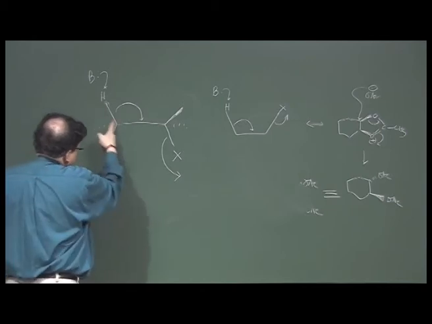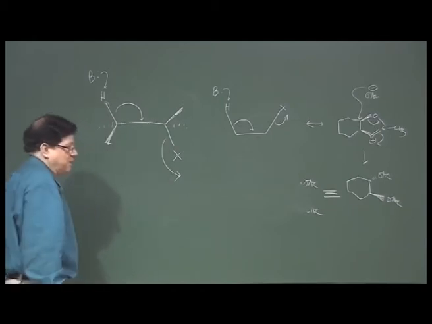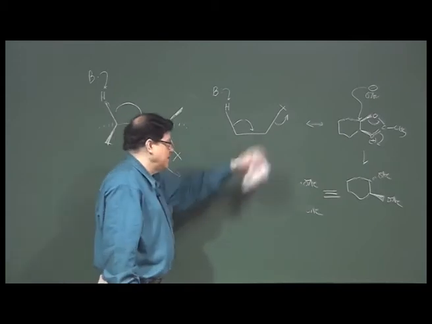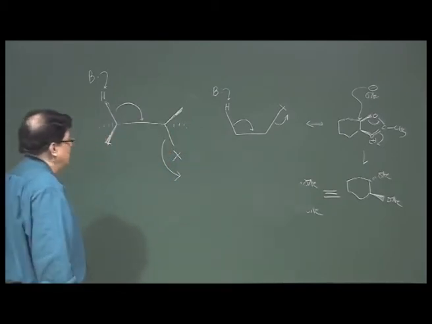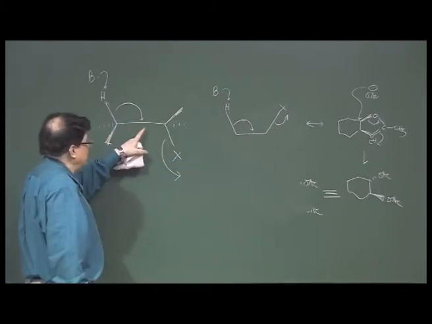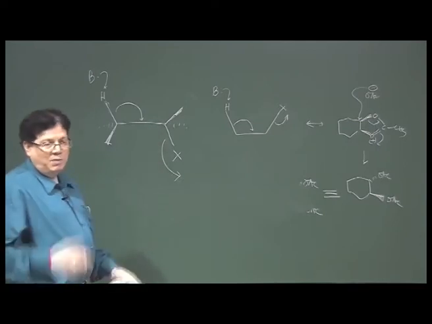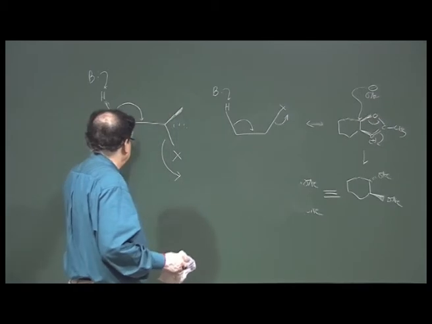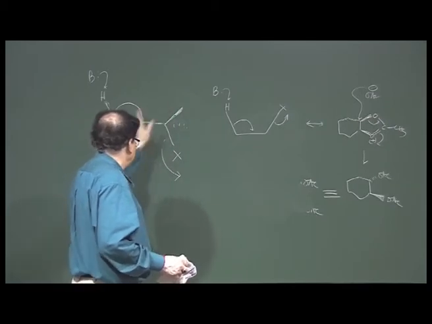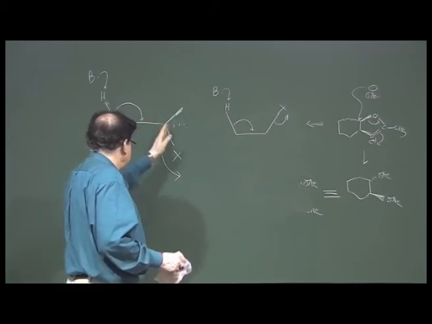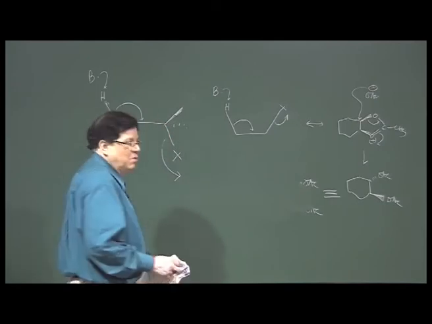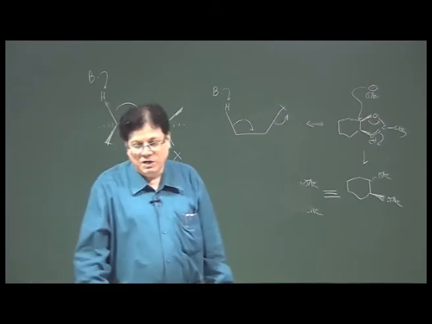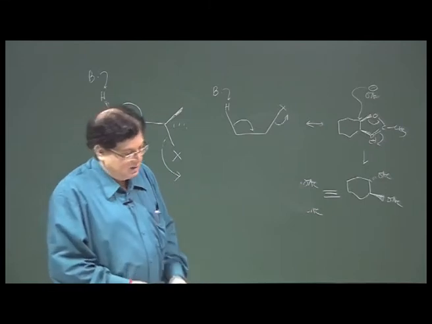So, this C-H and this C-X should be periplanar, because if they are not periplanar, then what happens? There will be problem with overlap of the p orbitals that are being generated here, because ultimately there is a double bond. So, p orbitals are generated. If they are not in the same plane, then there cannot be overlap between them. So, for efficient overlap they have to be in the same plane.